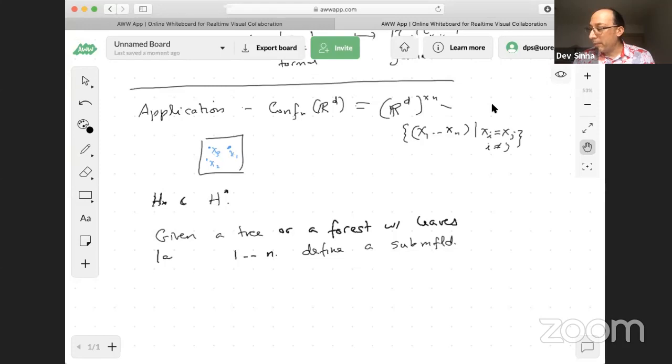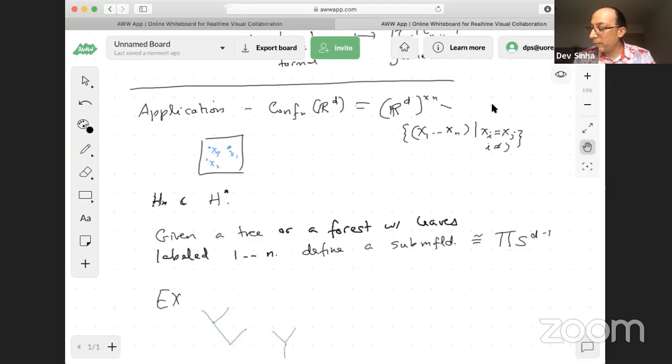And let me give an example first. And that submanifold is going to be homeomorphic to a product of d-1 spheres. And so we're going to take its fundamental class to get a homology class. So let's give an example. If my tree, let's do this.